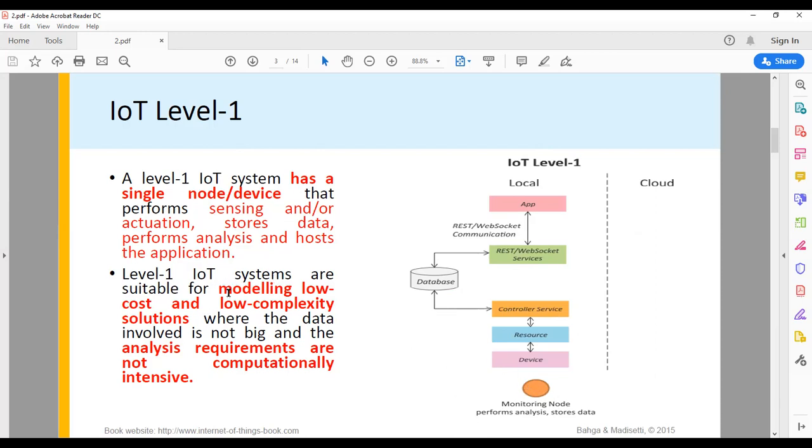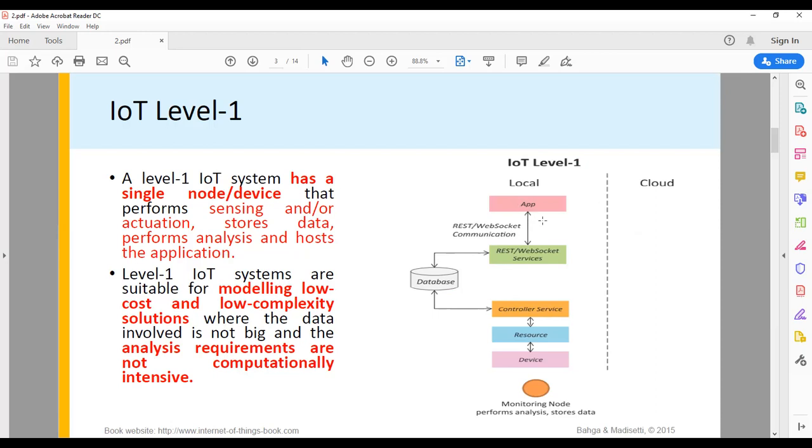Level 1 IoT systems are suitable for modeling low cost and low complexity solutions where the data involved is not big and the analysis requirements are not computationally intensive. For low cost management, designers will prefer level 1.